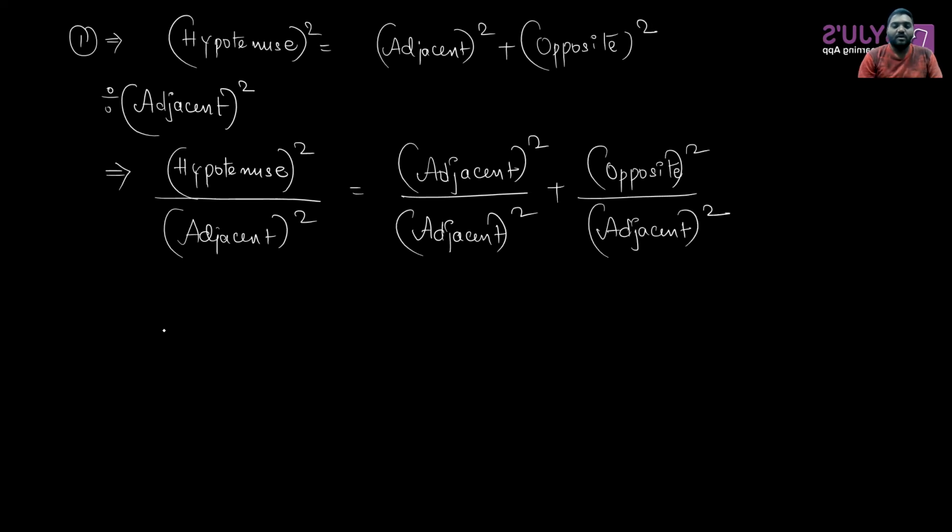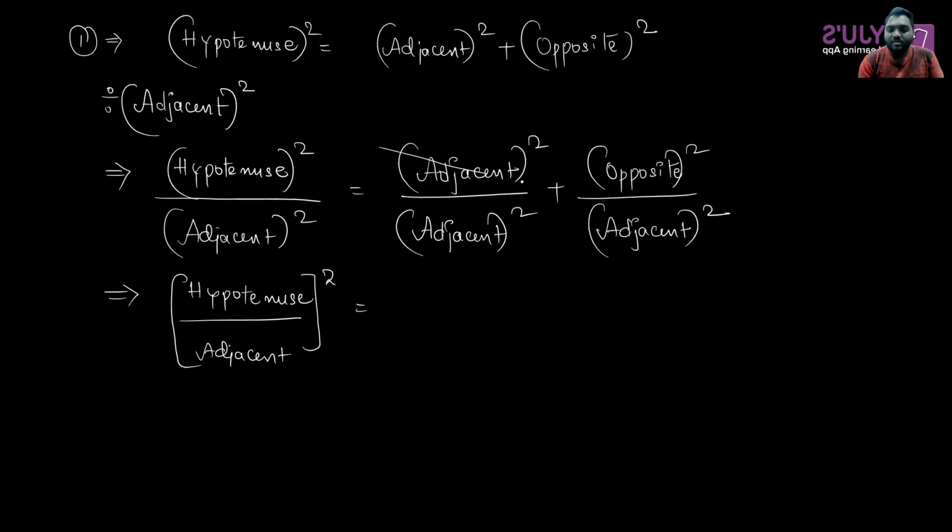So now if I take the square commonly, if I write for hypotenuse and adjacent, then I do get hypotenuse divided by adjacent whole square, which is equals to the adjacent square, and the adjacent square will get divided exactly and they can be cancelled, and you will get 1 plus opposite by adjacent square. You can write it as opposite by adjacent whole square.